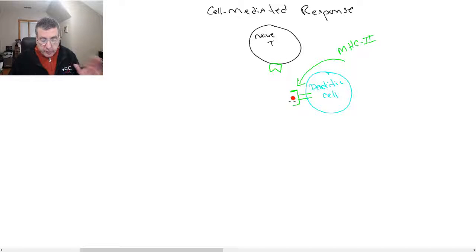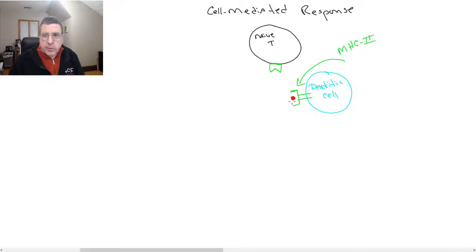Now the naive T cell, remember under positive and negative selection, must be able to bind with the MHC receptors, type 1 and type 2, or class 1 and class 2. It also has to be able to bind with that antigen, okay?